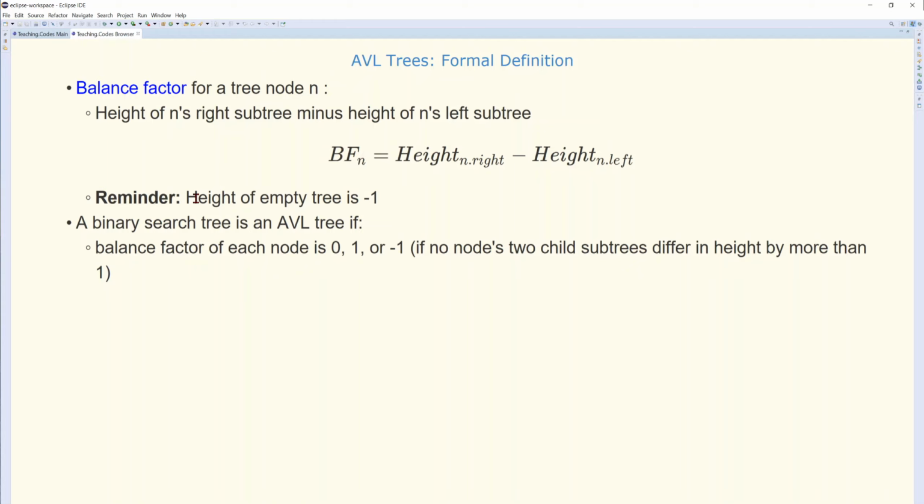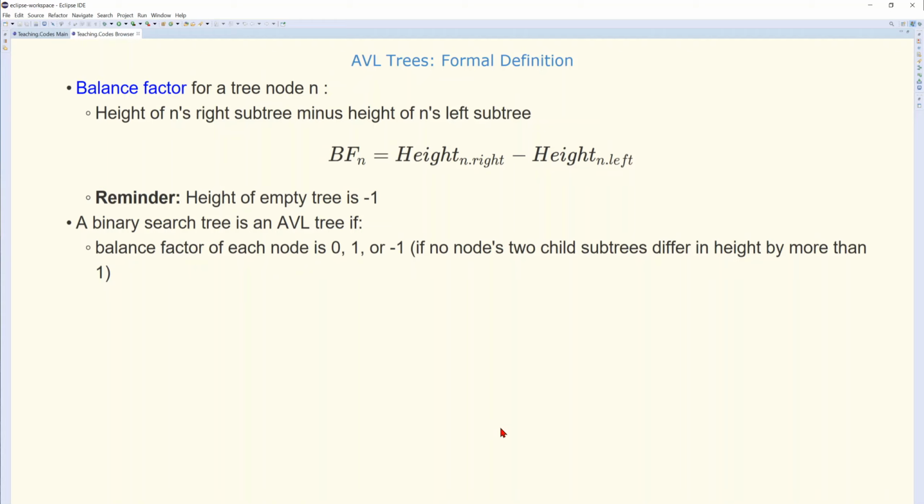And remember, by definition, the height of an empty tree is -1. So a binary search tree is an AVL tree if for all nodes in the tree, the balance factor is either 0, which means the left and right subtrees are of the same height, or 1 or -1, which means the difference between the heights of the left and right subtrees cannot be more than 1.